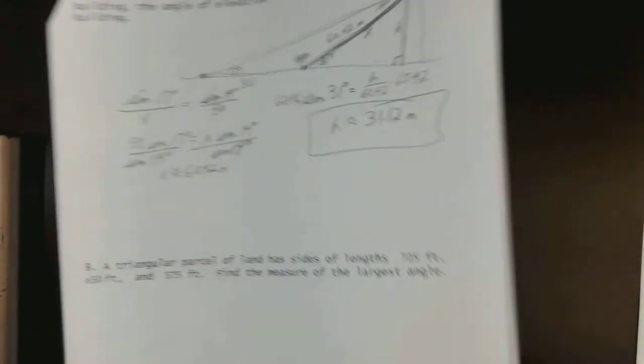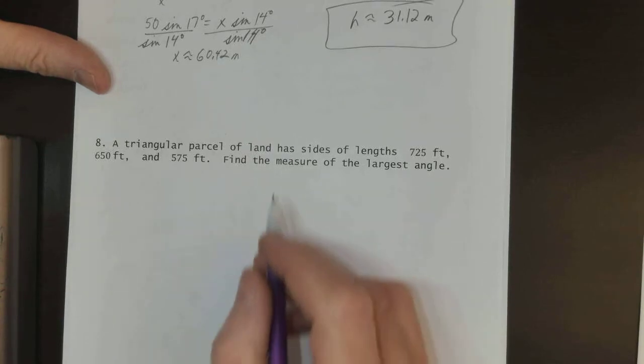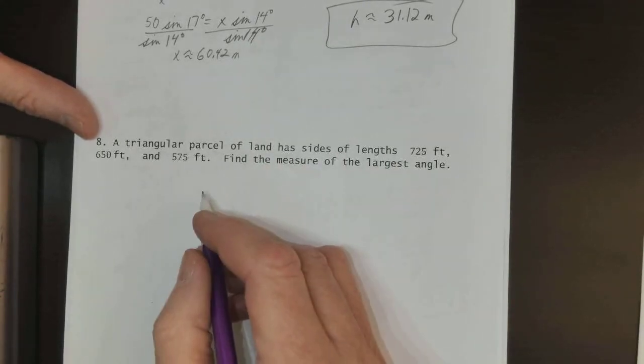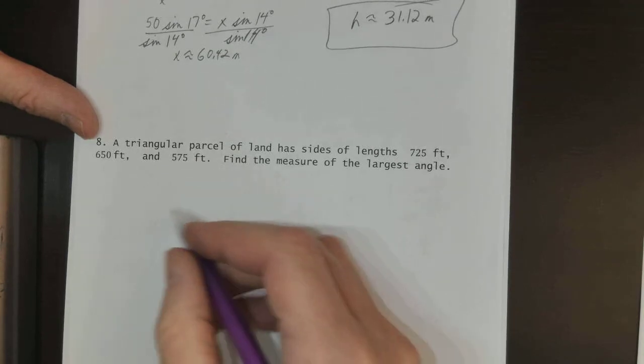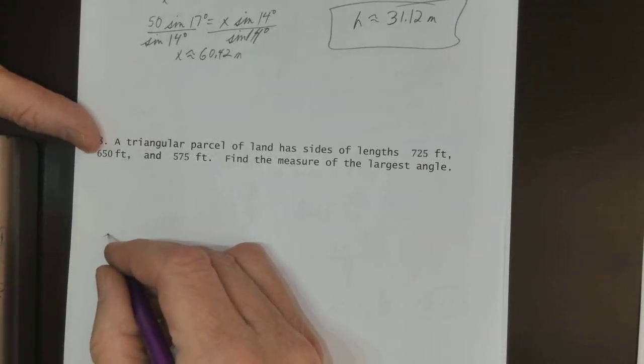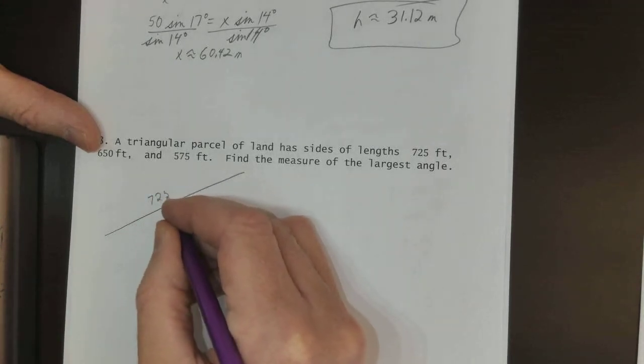Okay, number 8. A triangular parcel of land has lengths of 725, 650, and 575. Find the measure of the largest angle. Okay, I'm going to draw this one to be 725.